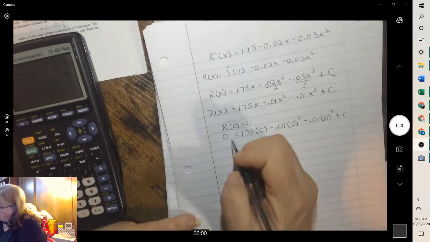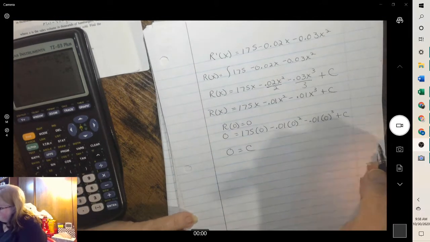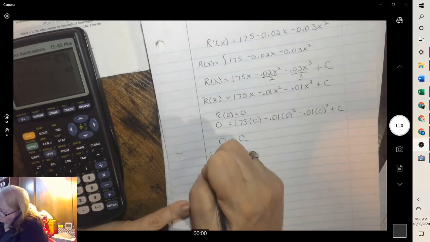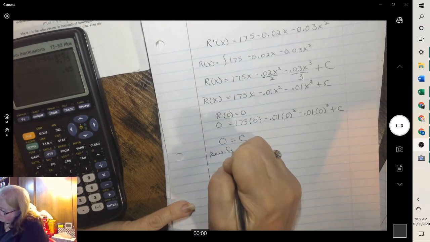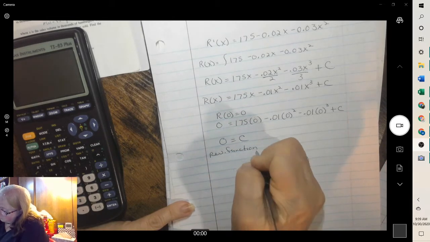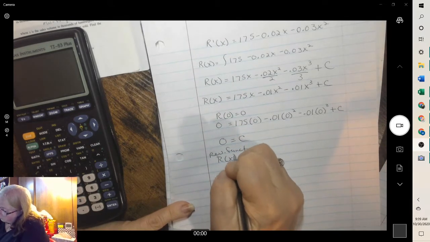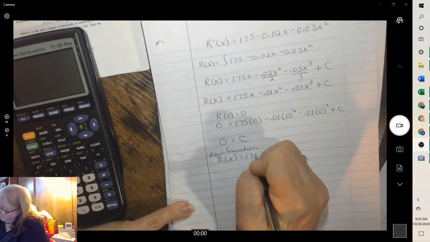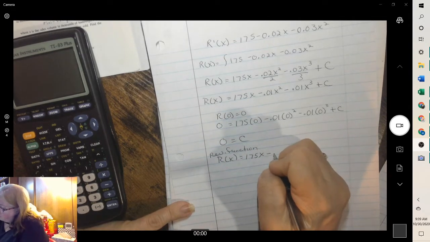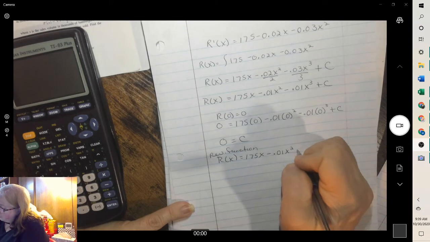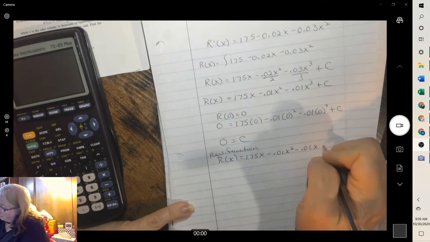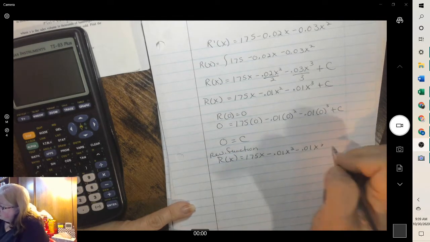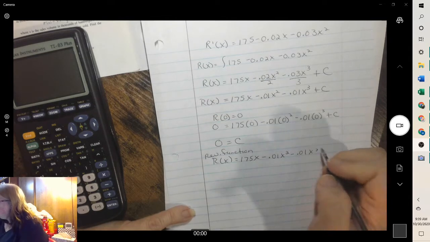But in this case, C is 0. So our revenue is 175x minus 0.01x squared minus 0.01x cubed. This is cubed.